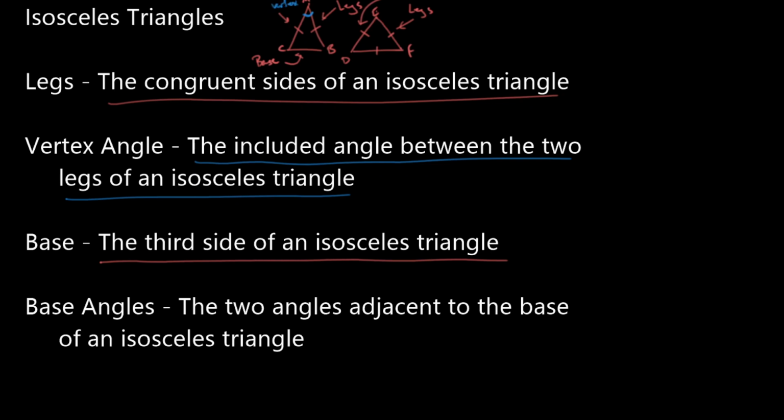And then my other two angles, the angles that the base is included between, are the base angles. Again, when I talk about these in terms of an equilateral triangle, I can use them interchangeably depending on what the context is. Each of these is a vertex angle, and each of these is a base angle, depending on which sides I'm referring to. So these are all the definitions of parts of my isosceles triangle.